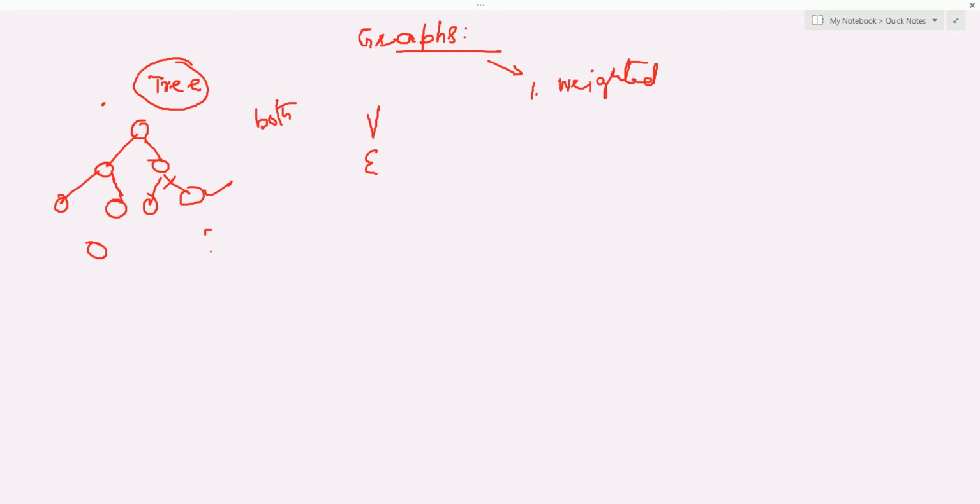An edge may have some sort of cost, some sort of weight, maybe sometimes a length between two cities, sometimes an airfare between two cities or whatever. So we can have weights, or we can have unweighted like this. We can have directed.